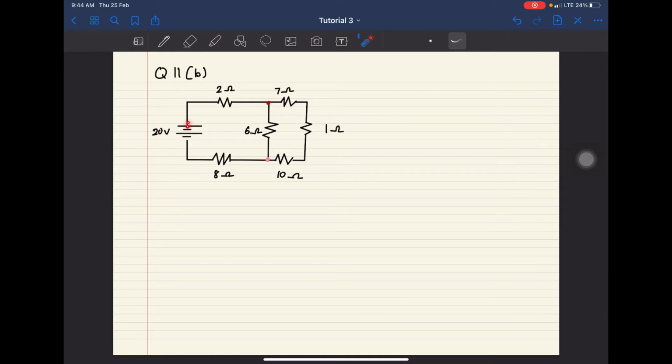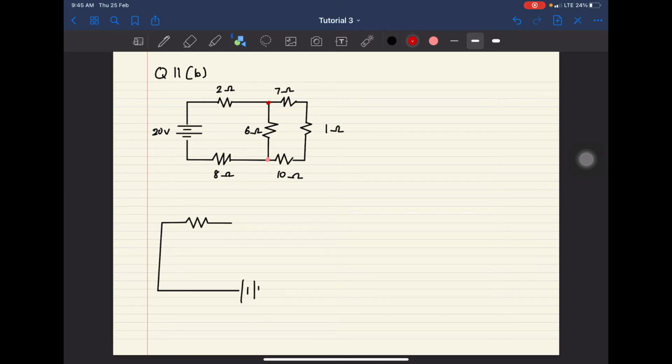So I'm gonna start with the positive terminal punya power supply and go straight to the first resistor there. Okay, so I think I'm gonna draw it down here. Go straight, goes up, and it goes to the first resistor, which is 2 ohm there.